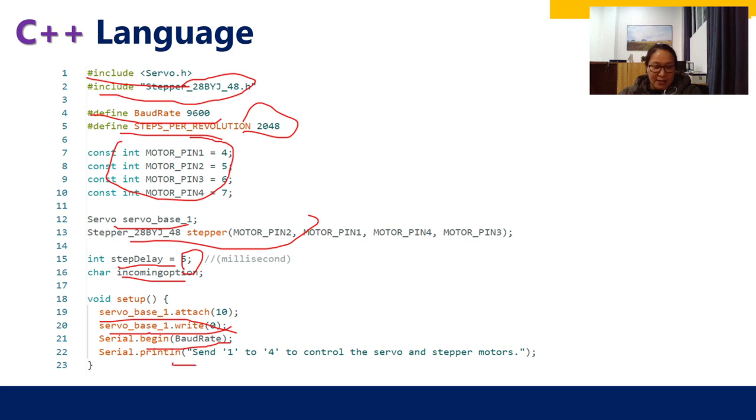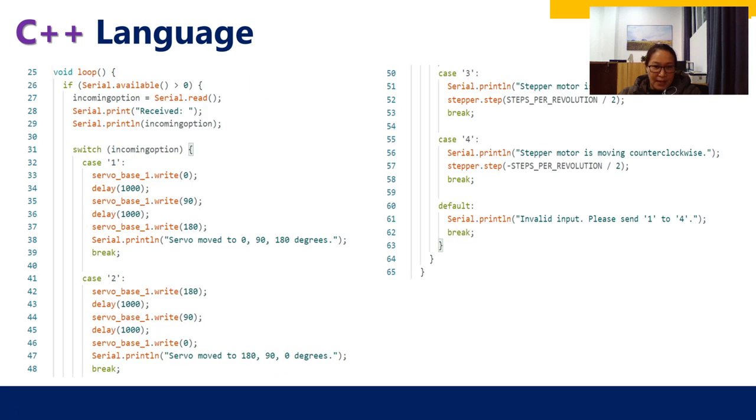It prints a message to the serial monitor, instructing the user to send specific commands. From this, we can see that this line checks if there is any data available in the serial buffer. It returns the number of bytes available to read from the serial port.